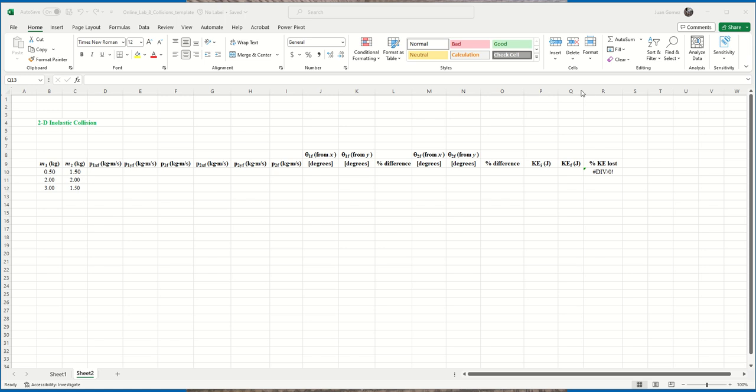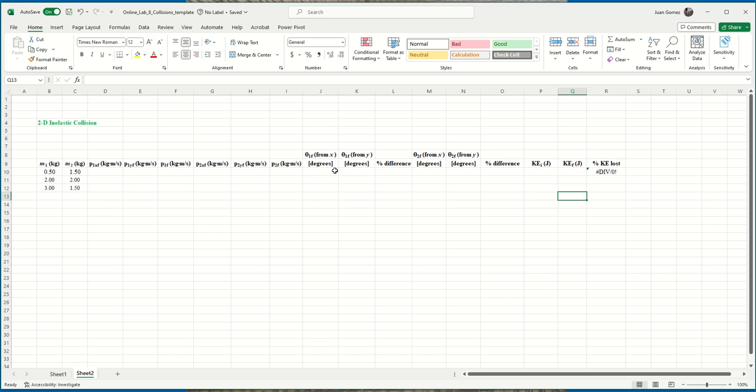I've already entered the formula for the percent kinetic energy lost. It's simply KE initial minus KE final, all divided by KE initial, then times 100 to convert it to a percent. Very basic, so I've entered it for you.